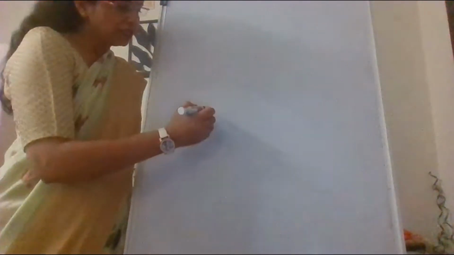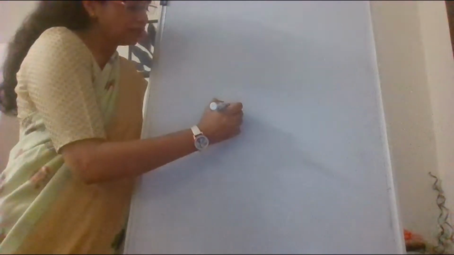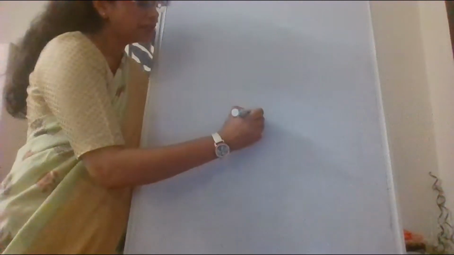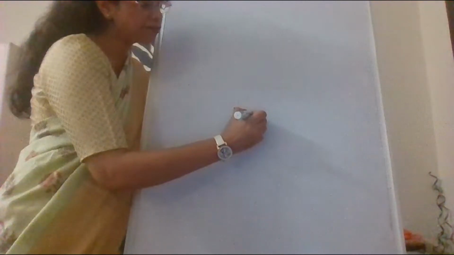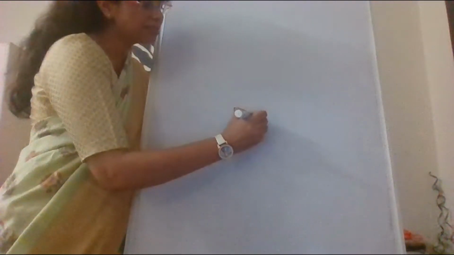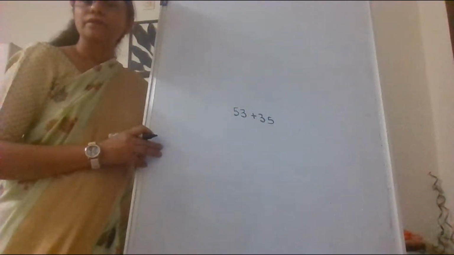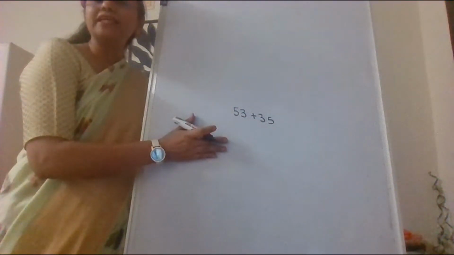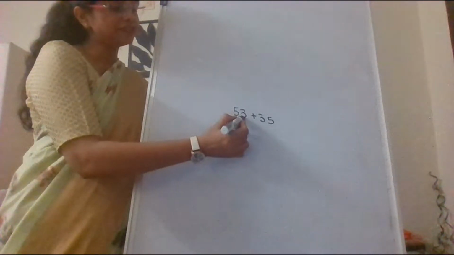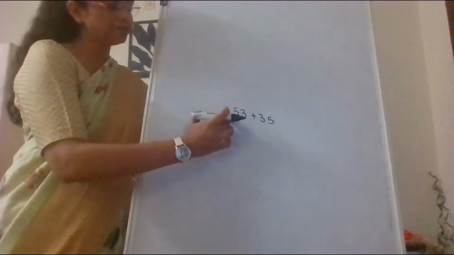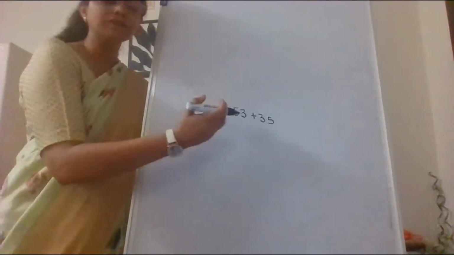That is, if you are given the number 53 and you have to add 35. Which numbers are we taking here? This is 53 and the reverse of 53 is 35.